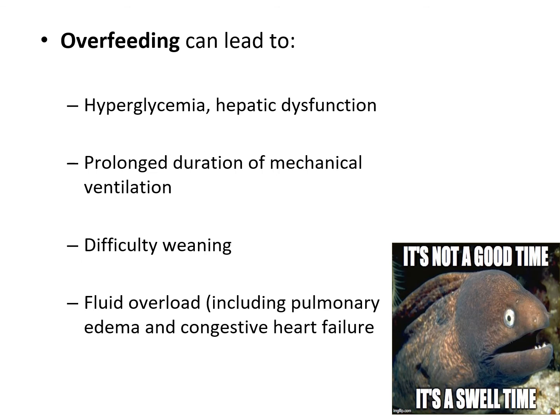Overfeeding, on the other hand, is going to lead to hyperglycemia, hepatic dysfunction, obviously prolonged duration of mechanical ventilation. So on one side they're going to be too weak, and on the other side, if you overfeed them, their CO2 levels are probably going to be higher, which can then lead to difficult weaning.